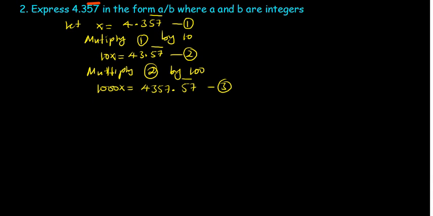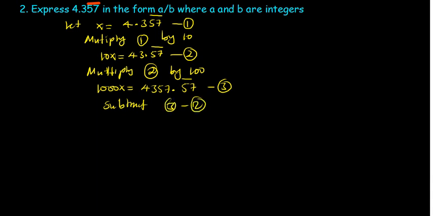Here what I'm going to subtract is not equation 1. I'm going to subtract equation 2, where the decimal point is in front of the repeating number, from equation 3, where it is also behind the repeating number. So we say 3 minus 2.